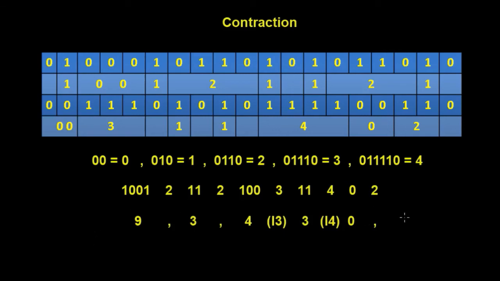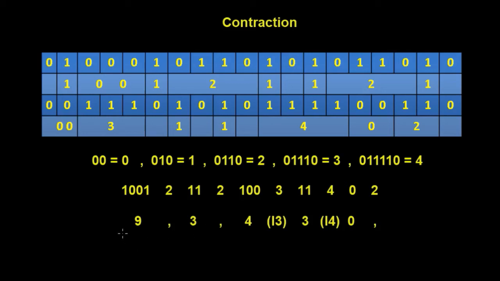So we could say that these two lines here, which are 38 zeros and ones, can actually be represented in this format here: 9, 3, 4, instruction 3, 3, instruction 4, 0, comma. So this, in effect, contains our data and our instructions.